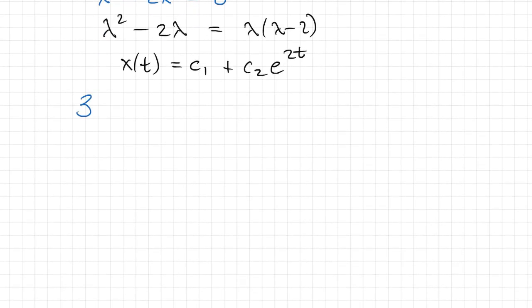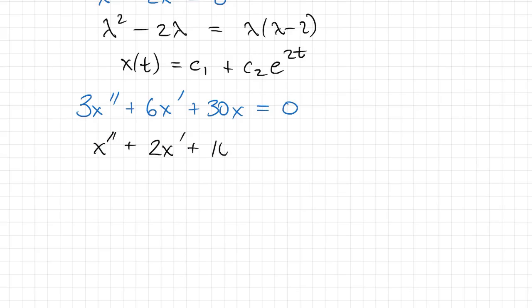Third case. Our formulas are written assuming a leading coefficient of 1 on x double prime. So I'll divide through by the 3. Characteristic polynomial is lambda squared plus 2 lambda plus 10.